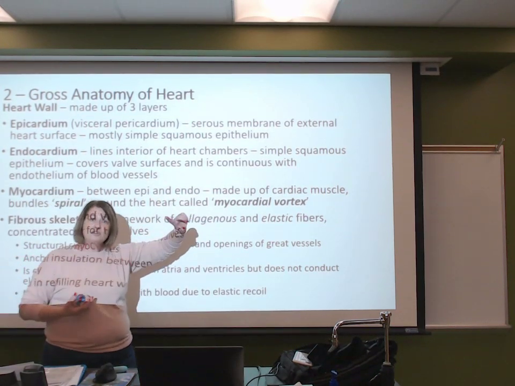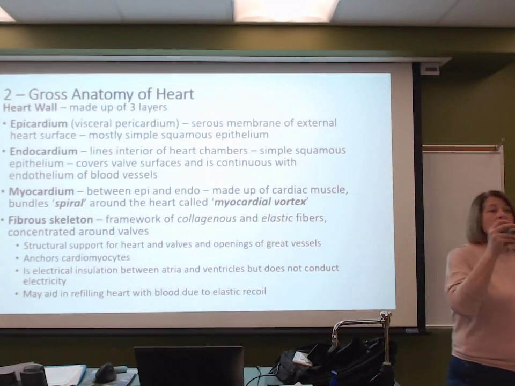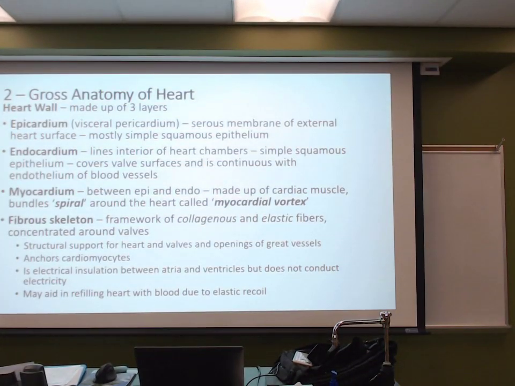Collagen, tough, very little ability to stretch and recoil, but elastin does. Elastin has a better ability to stretch and recoil. So we've got two fibers now in the structure that give support and the ability to stretch and recoil.